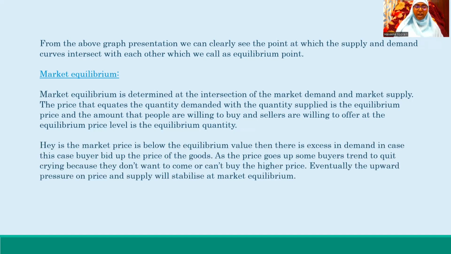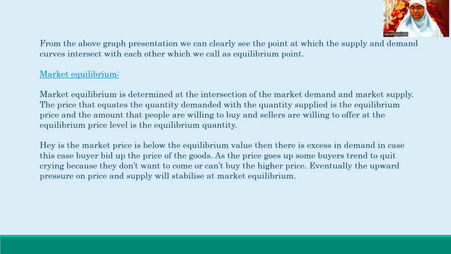If we have to understand it very simply, equilibrium means where the demand and supply curves intersect with each other. In this case, buyers bid up the price of goods. As the price goes up, some buyers tend to quit because they don't want to or can't buy at the higher price.